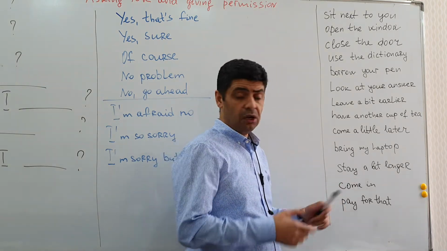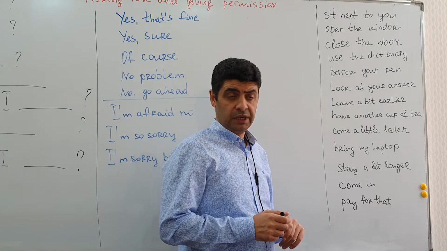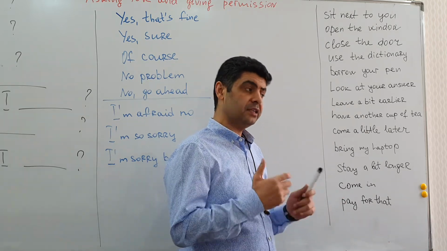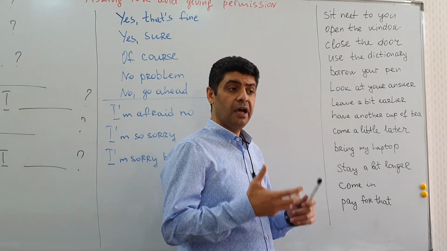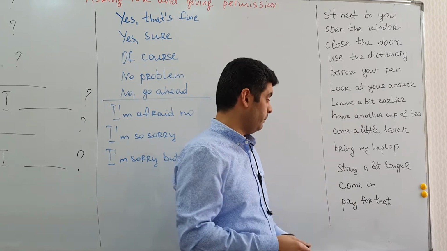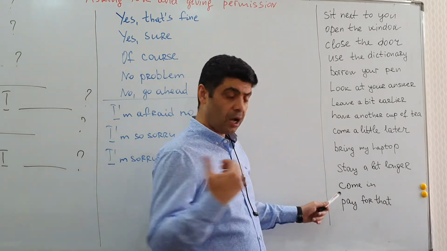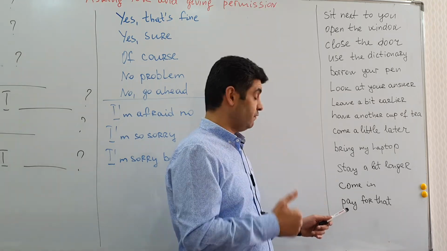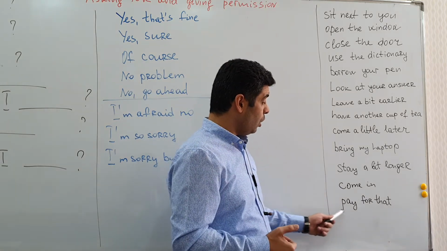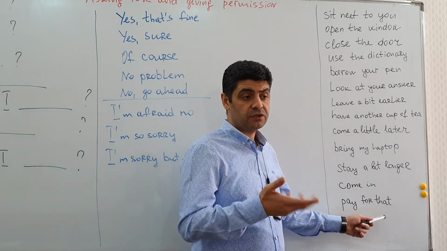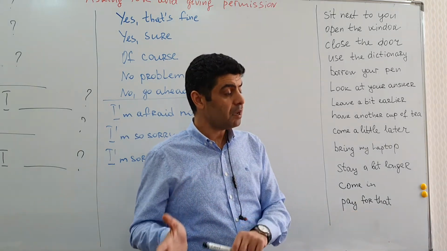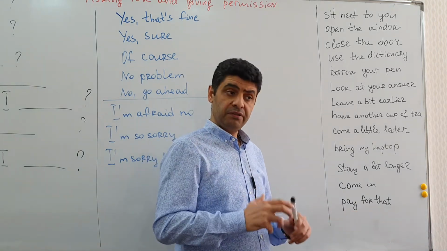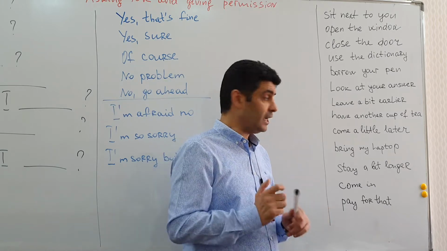Stay a bit longer somewhere: for example, I like the party and I want to stay a bit longer. Come in: I want to come in the room, but first I have to ask for permission. Or pay for something: usually somebody pays for you, but this time you want to pay yourself.